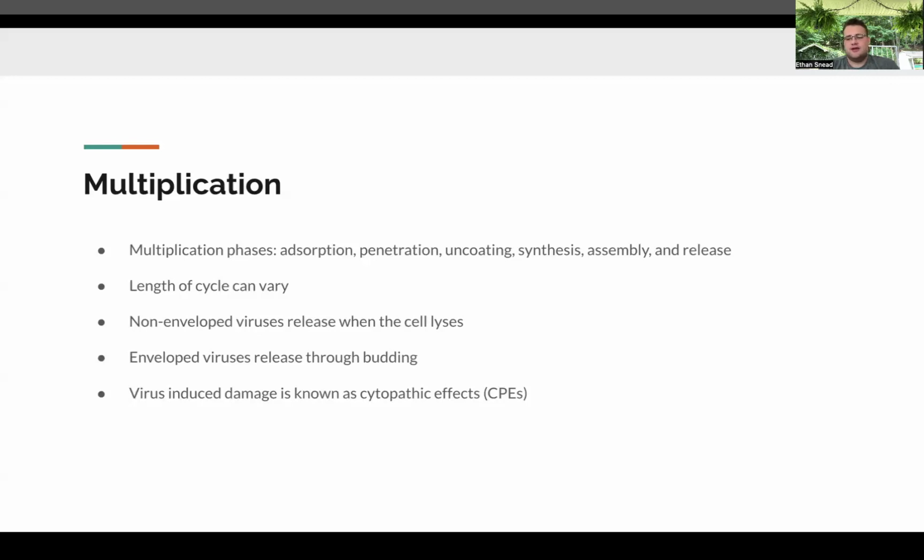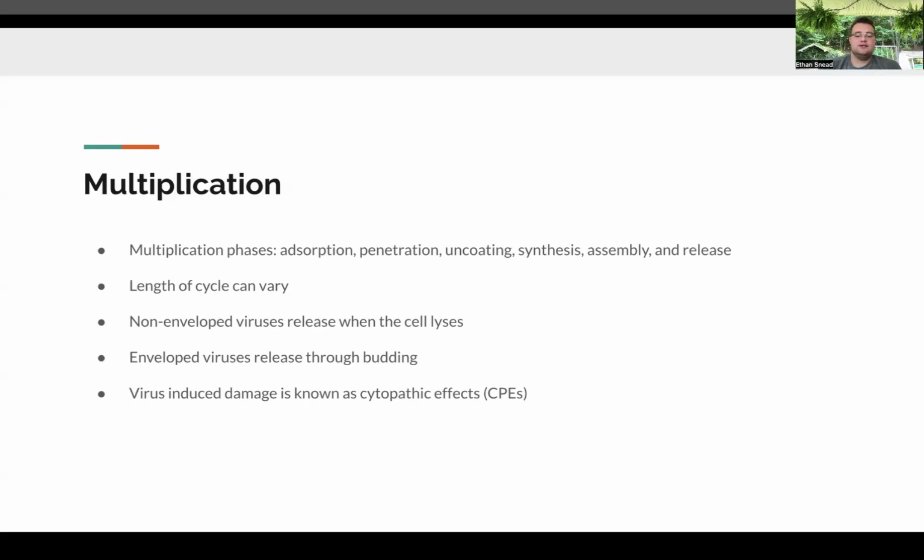This occurs in the cytoplasm and the cell nucleus. Enveloped viruses are released through budding, also known as exocytosis. This happens in the membranes of the cytoplasm, the nucleus, the endoplasmic reticulum, and the different vesicles.